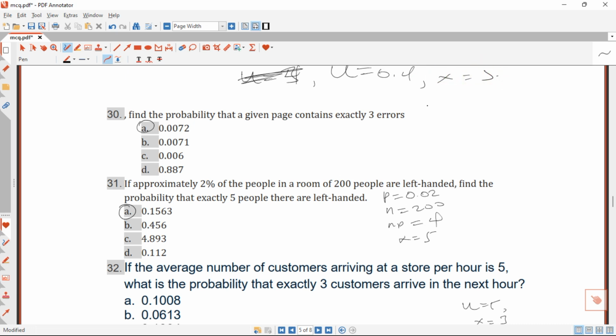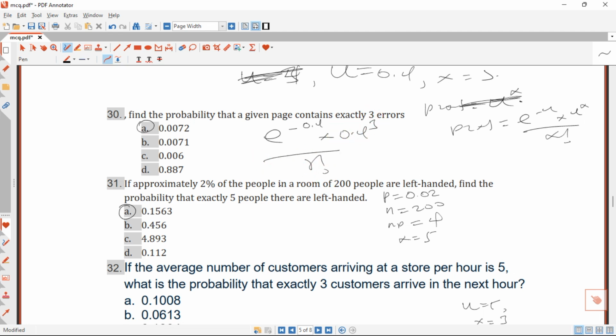So here the probability of x is e raised to the power negative mu times mu raised to the power x divided by x factorial, right? So for this one, I'm going to have e raised to the power negative 0.4 times 0.4 raised to the power 3 divided by 3 factorial. If you're able to do the multiplication and division very well, you will get our answer to be 0.0072. So this will be our final answer.